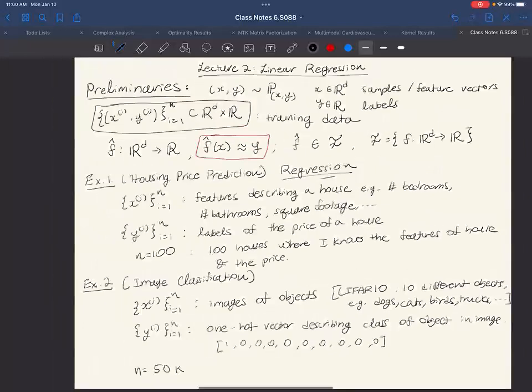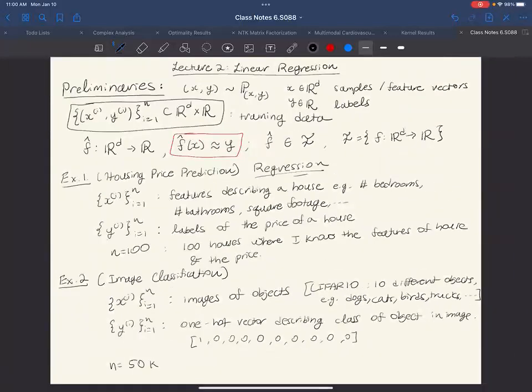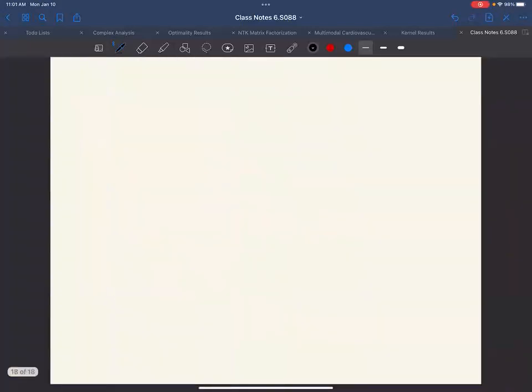These are just 2 examples that fit into this general framework of learning from training data. Of course, all of this is still quite abstract. I haven't told you how to find any of these functions, and in fact, you should have 3 main questions that I want to frame now that will help us figure out how to go about this. Number 1 is, how do we actually measure model performance?